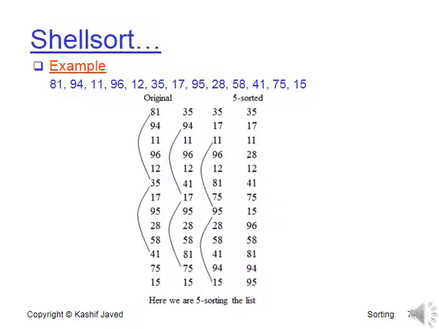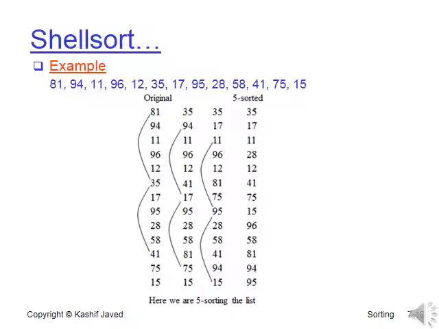Let's take a look at an example where an array or list contains the data elements in the following sequence: 81, 94, 11, 96, 12, 35, 17, 95, 28, 58, 41, 75, and 15.